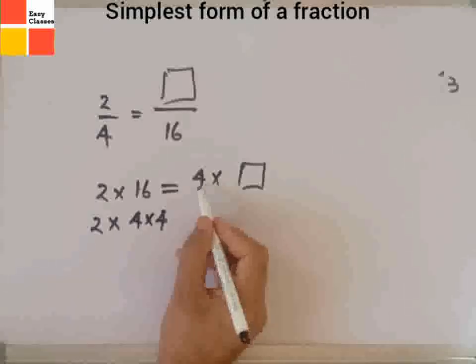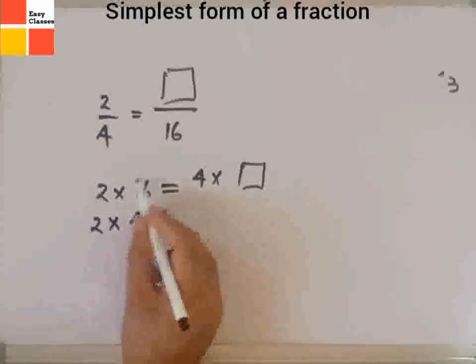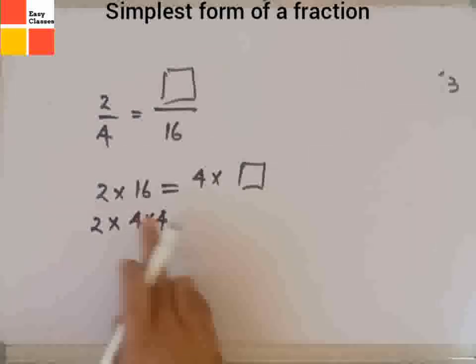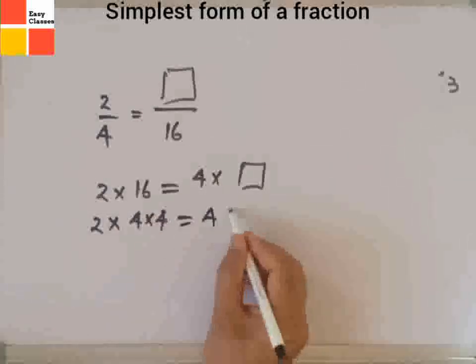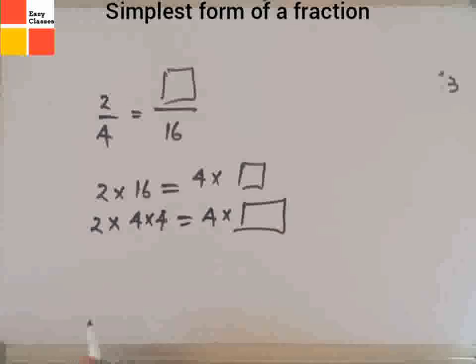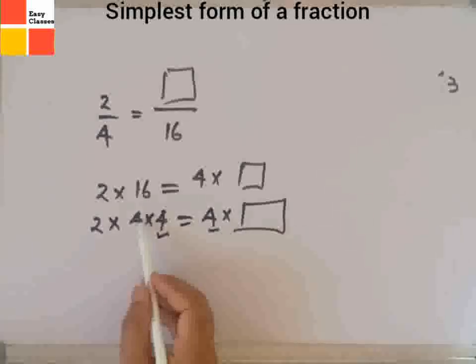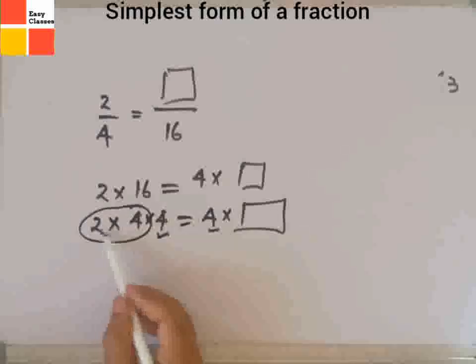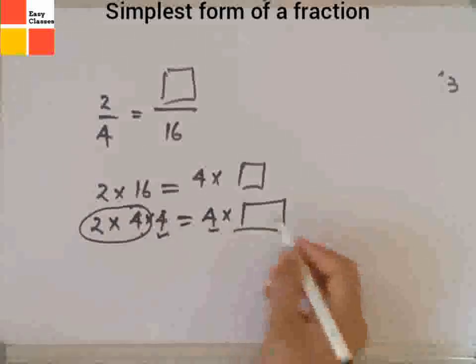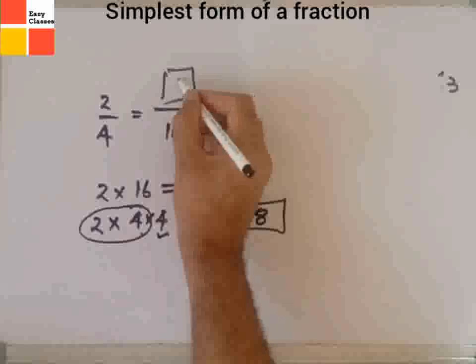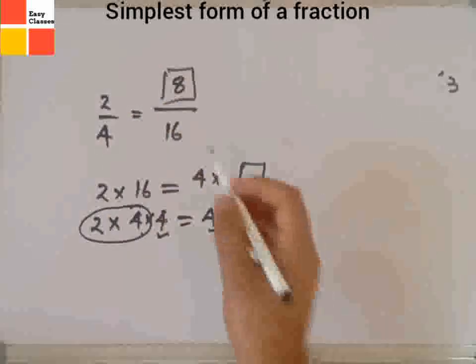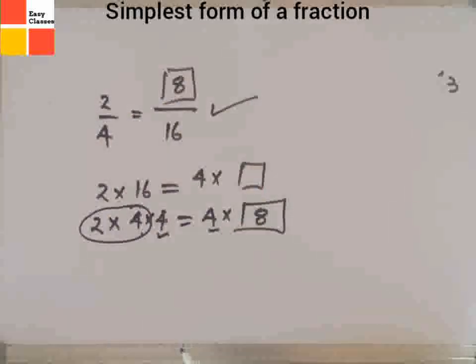With the help of this 4, I divided this 16. 4 4s are 16 is equal to 4 into this. So 4 is here. So what is not here? 2 into 4 is equal to 8. So it will be 8 here. This is how we can find the equivalent fraction of a given fraction.